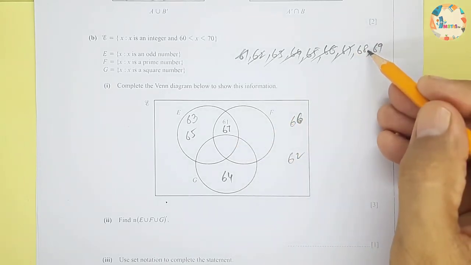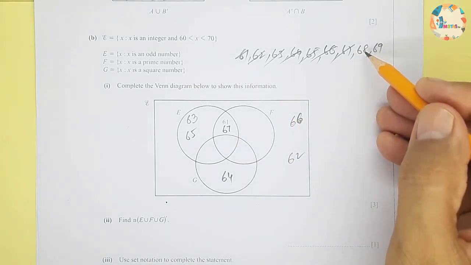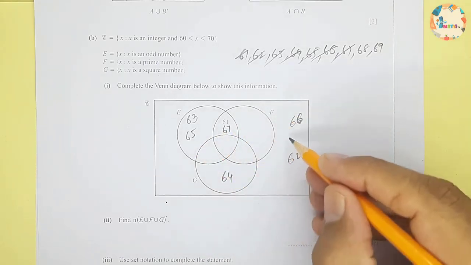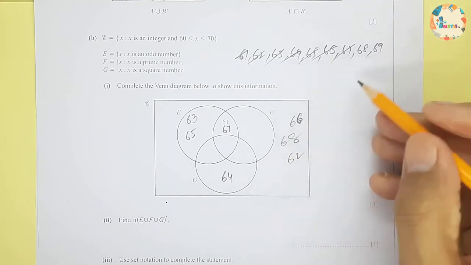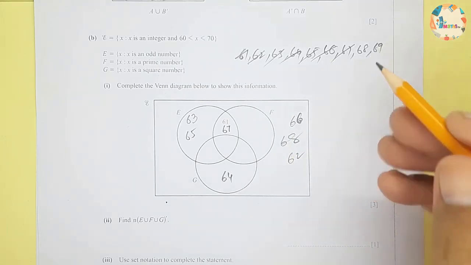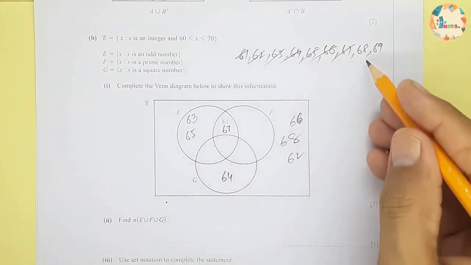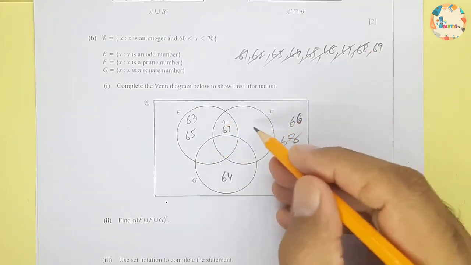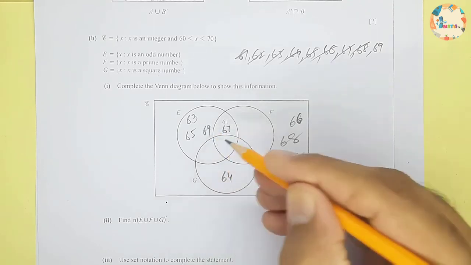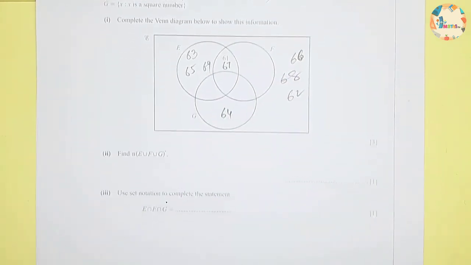Then 68 is not an odd number, not a prime number, not a square number, so we can write 68 anywhere outside. Then 69 is an odd number and it is not a square number or a prime number, so we will write it over here in this section. So this is how we have completed it.